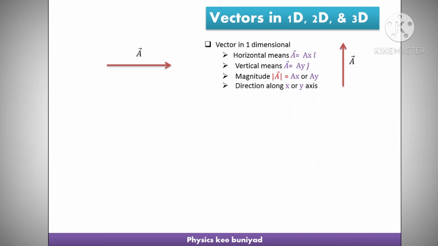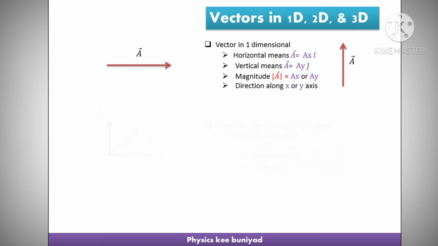Now if we write the magnitude of a vector which lies in 1D, then we simply write ax or ay. Ax and ay are simply numbers, you can say the magnitude, and the direction is along the x axis or y axis.